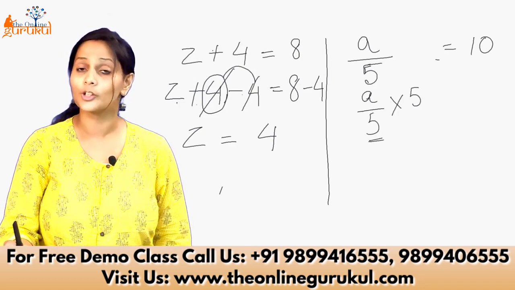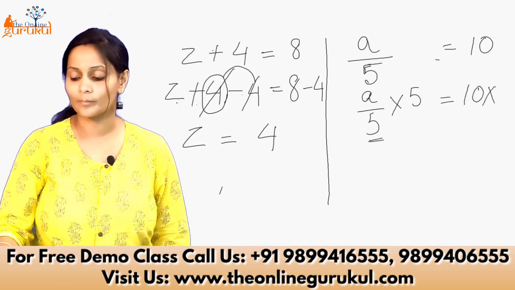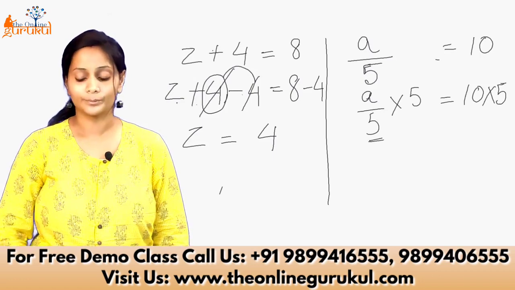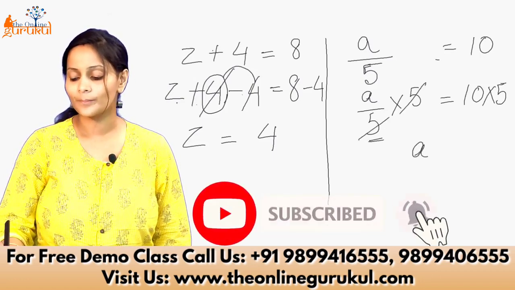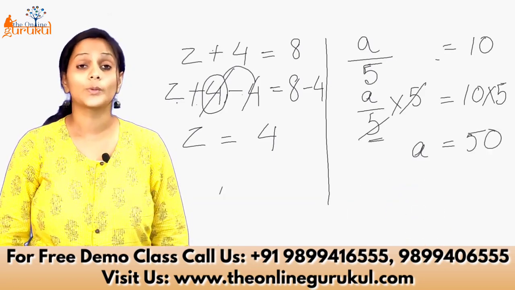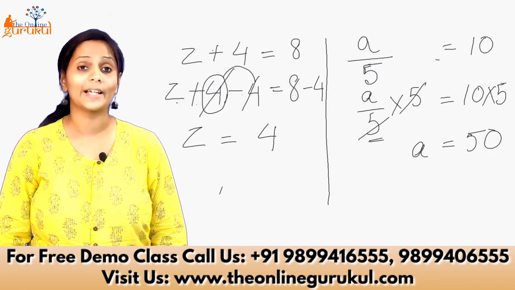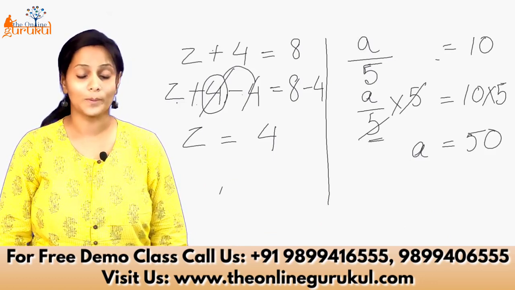Only from one side? No, from both the sides. I'll do the same method. My 5 and 5 get cancelled. I have a is equals to 50. 10 into 5, 50. So this is how we solve equation problems by the inverse operation method.